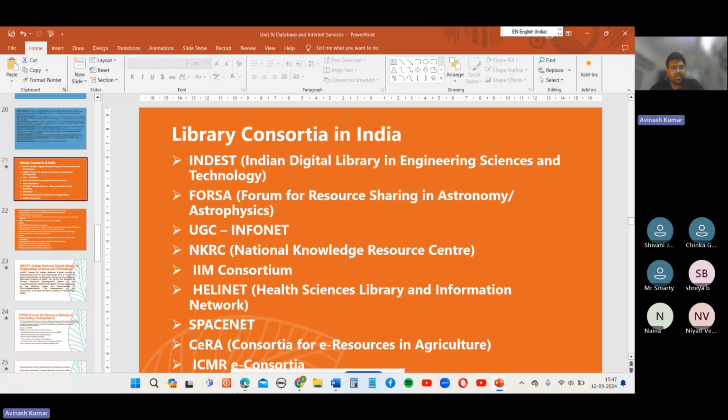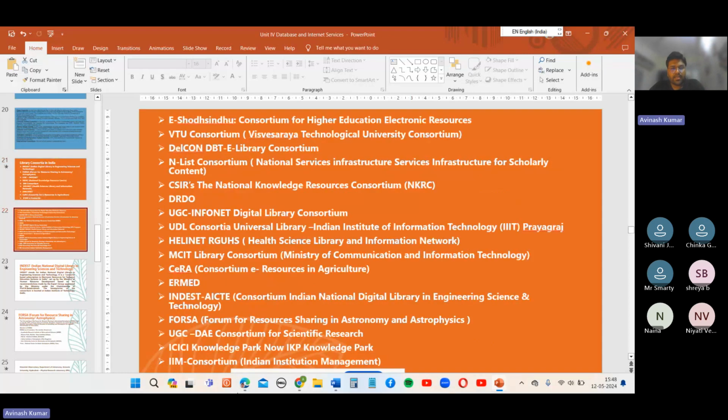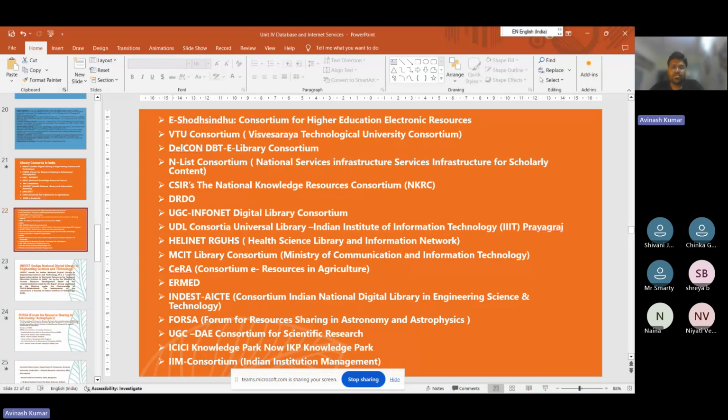Another example is ESS Sindhu, Consortium of Higher Education Electronic Resources. ESS Sindhu works for higher education and electronic resources.